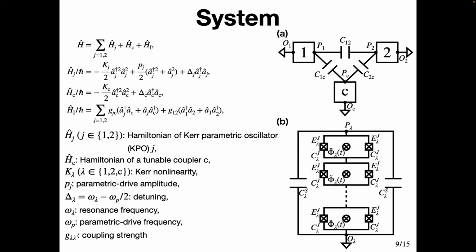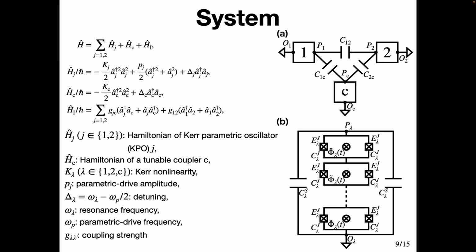And the Hamiltonian here is written in a rotating frame at frequency of omega_p over 2. Omega_p is the parametric drive frequency, and because we are in a rotating frame, here appears a detuning of omega_lambda from omega_p over 2.